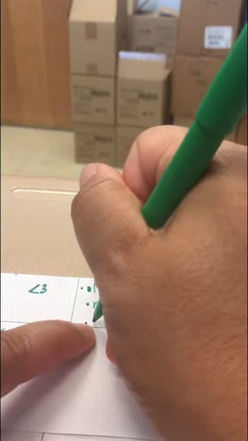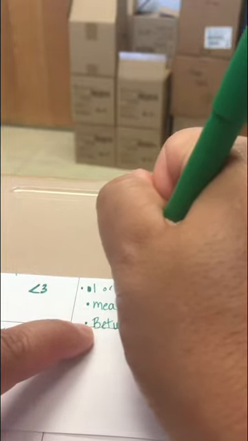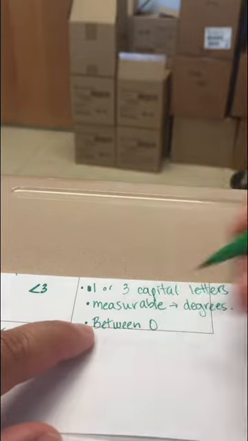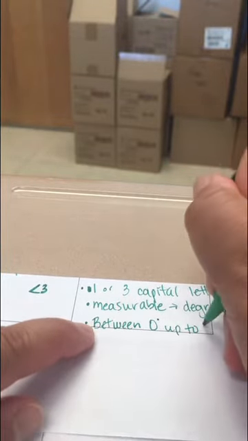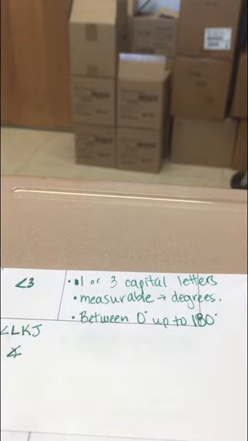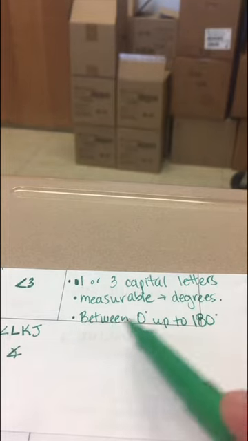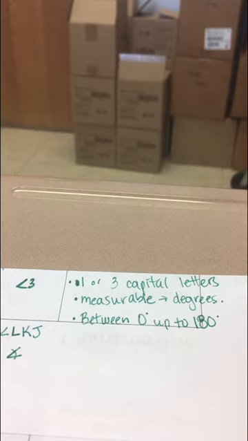And when we measure them, they can be between 0, so close to 0, but 0 up to the maximum of 180 degrees. And we'll get into the names, and I'm sure you've heard them and talked through them before. So they're measurable between 0 degrees and up to 180 degrees. So take that information back to your group.